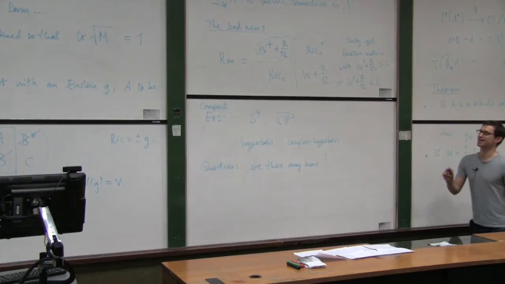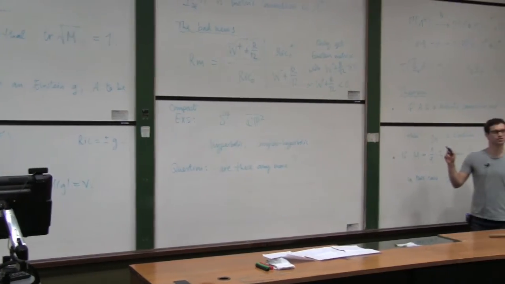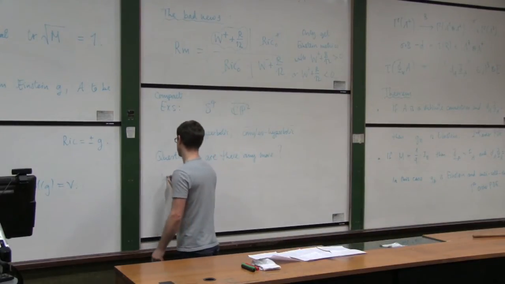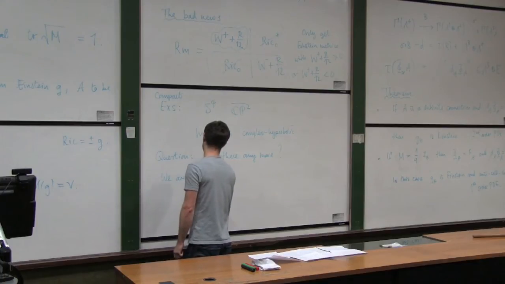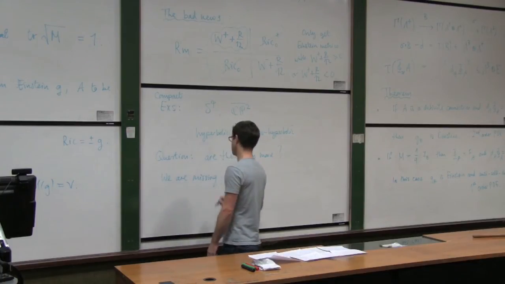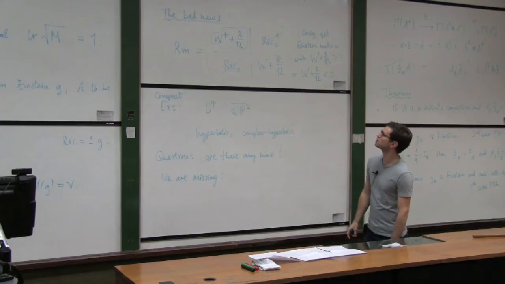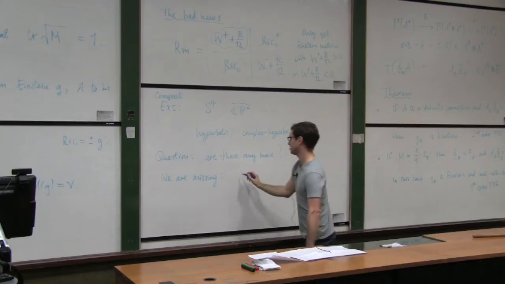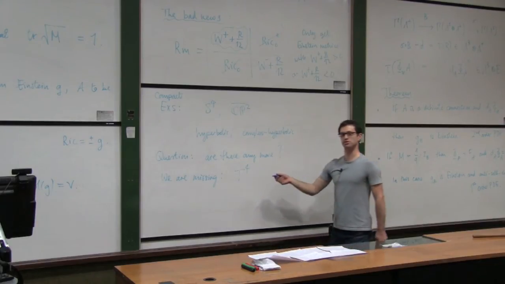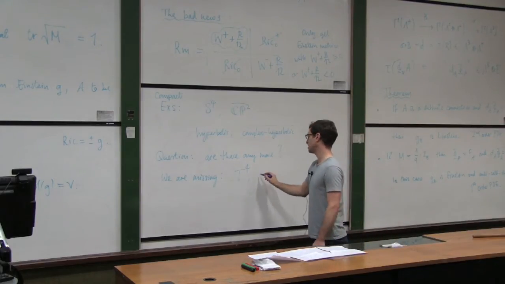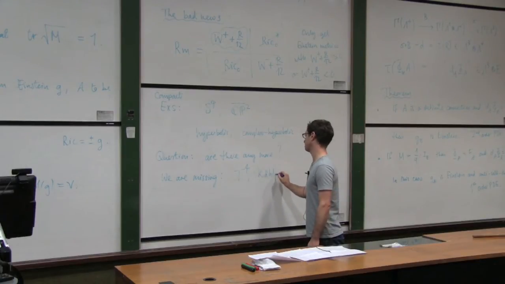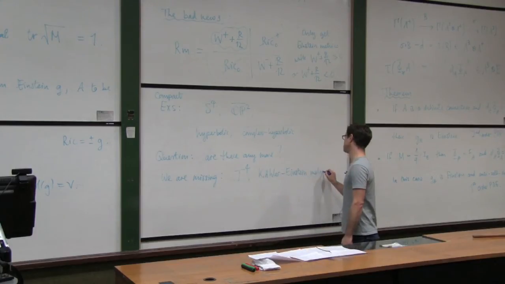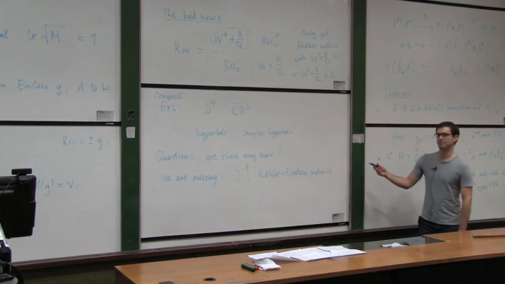Right, so that's why this news is not as bad as it first looks. So what are we missing? We're missing the following metrics. Obviously we're missing flat space because everything's zero then. So if we're talking about compact metrics, we're missing flat metrics on the 4-torus. We're also missing Kähler-Einstein metrics, in particular the Ricci-flat metrics on K3.